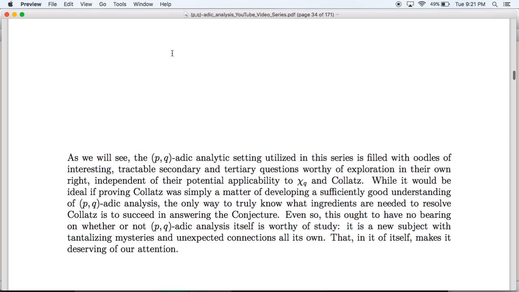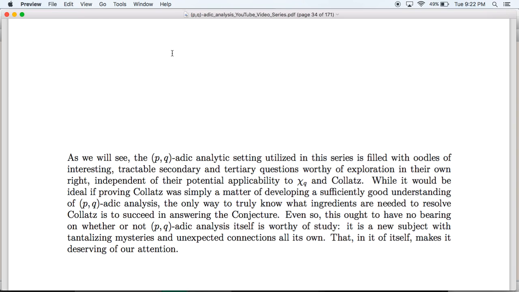So, as we will see, the PQ-adic analytic setting utilized in this series is filled with oodles of interesting, tractable secondary and tertiary problems worthy of exploration in their own right, independent of their potential applicability to chi-Q and Collatz.